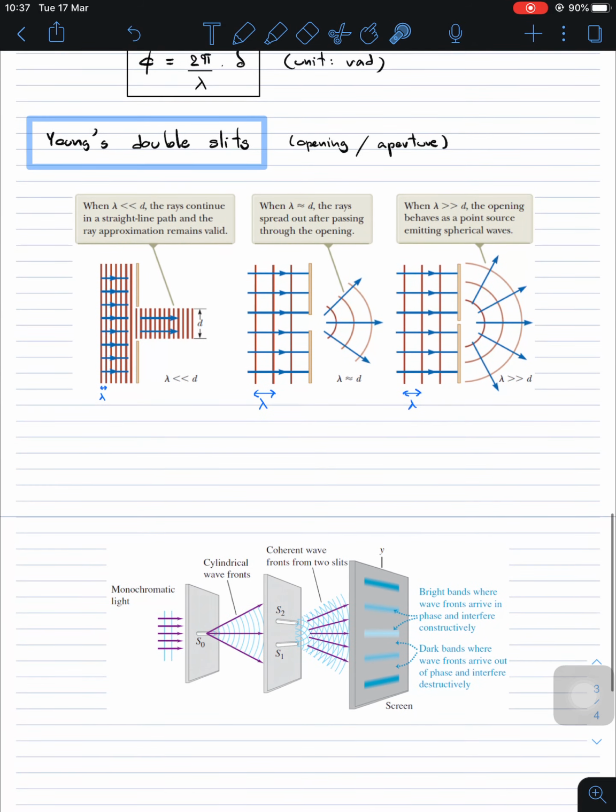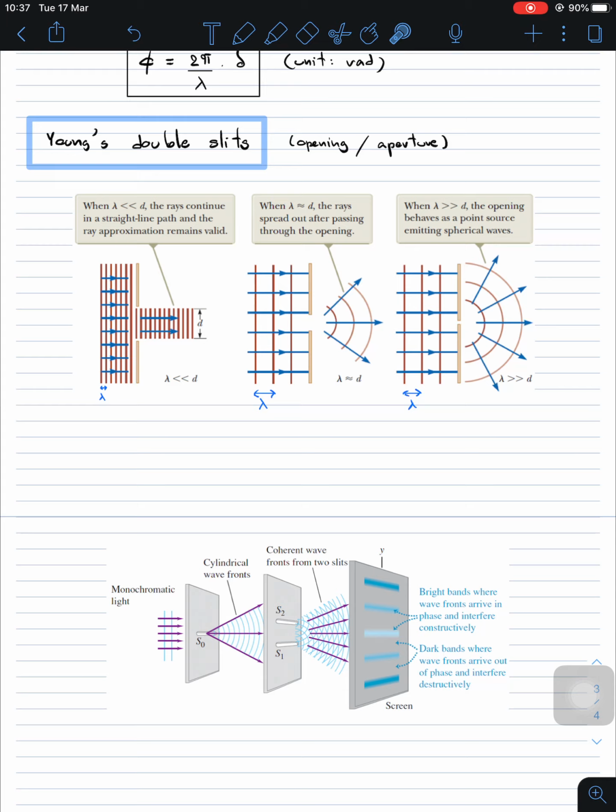So, Young double slits. For the Young double slits here, we just want to consider the case where the wavelength is much larger than the size of the slit. This is going to be the Young double slit.